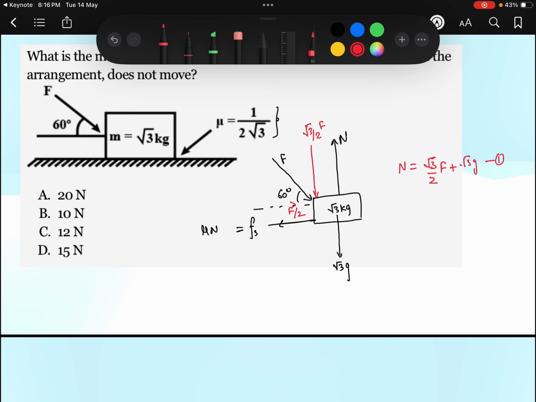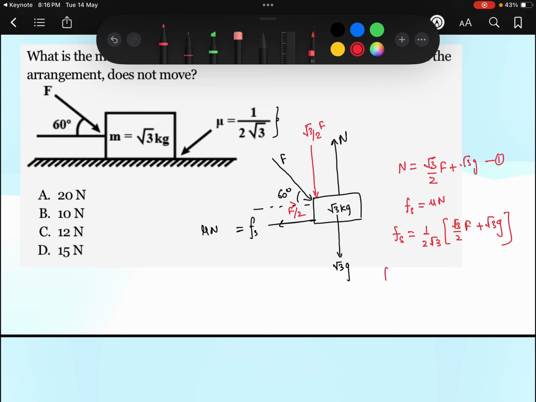Now since the static friction is equal to mu into normal, the static friction will be equal to mu, that is given 1 by 2√3, into this normal force. From equation 1 we can put here √3 by 2 F plus √3 into g.